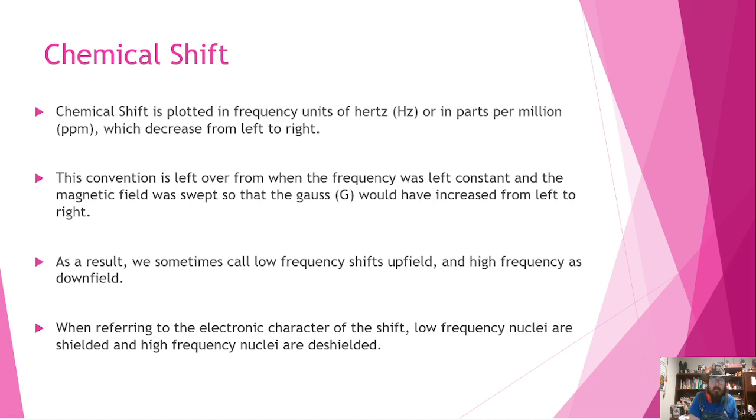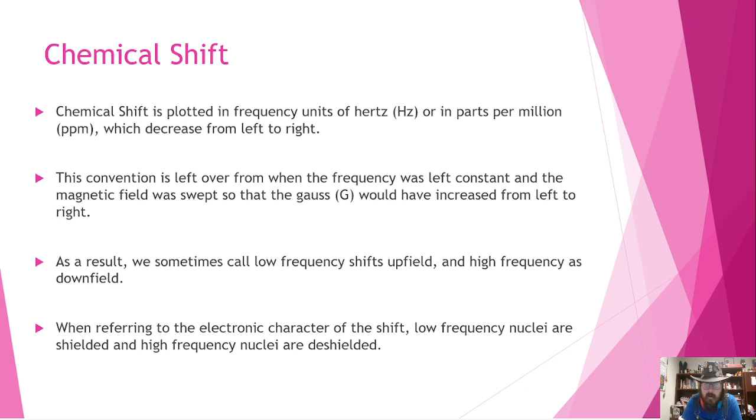As a result, we sometimes call low frequency shifts upfield and high frequency shifts downfield. Shifting to the left is downfield and shifting to the right is upfield, even though we have low numbers on the right.